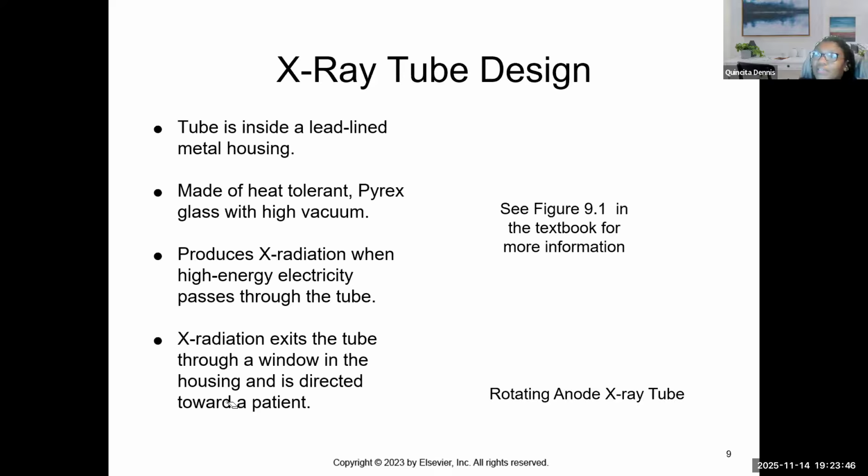Now, the part that you can't see is the X-ray tube itself. It is made of what they call a heat tolerant material. It lists here Pyrex. Anybody heard of the term Pyrex before today? I never have. Nobody has heard of the term Pyrex. Brand of cookware, I know.